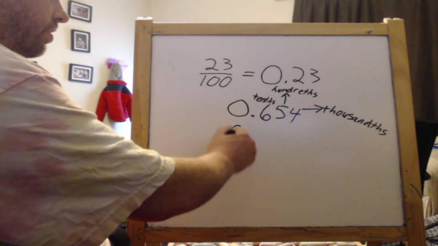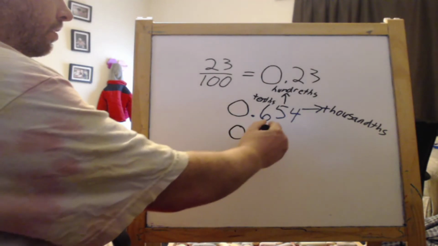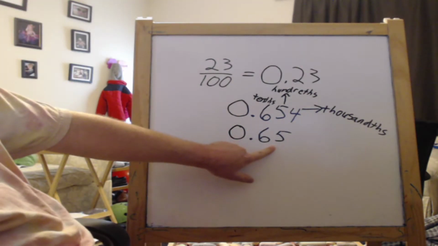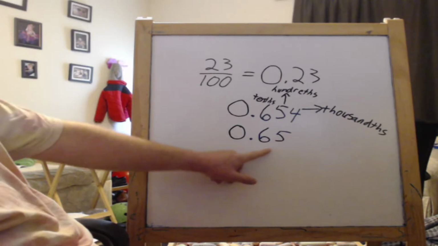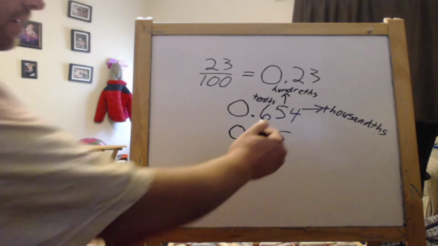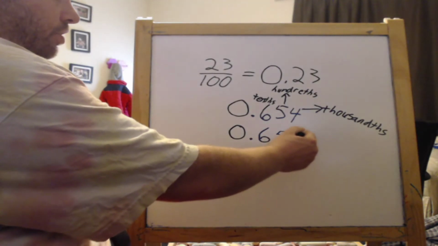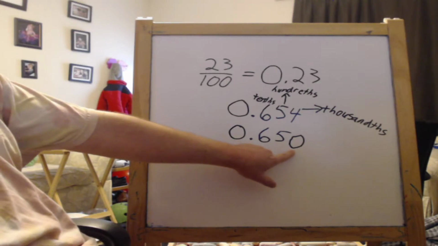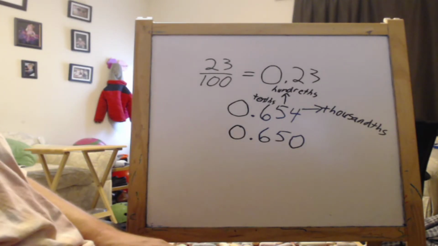Now, if I were to put this 0.65, it would just be 65 hundredths because the 5 is in the hundredths place. Now, if I were to put a 0 here, I could say this is 650 hundredths.